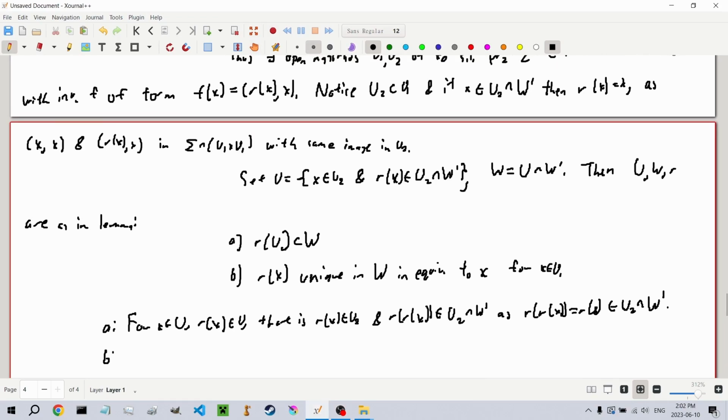And for part B, note there is exactly one point in R intersecting W times U mapping by the second projection onto x, namely r of x comma x.